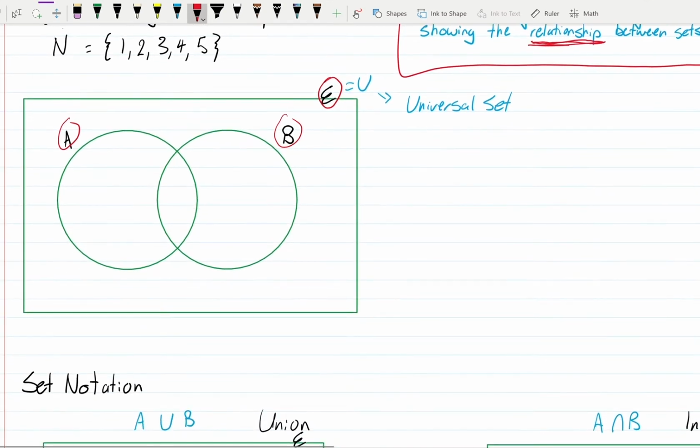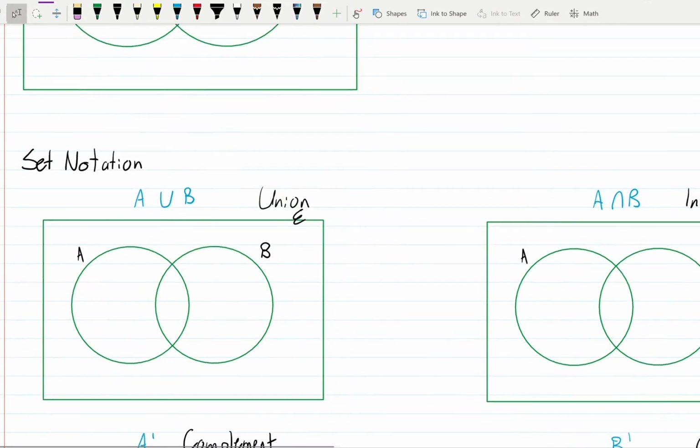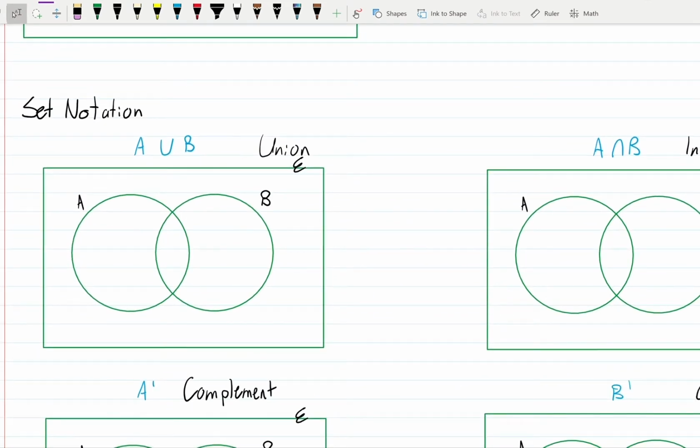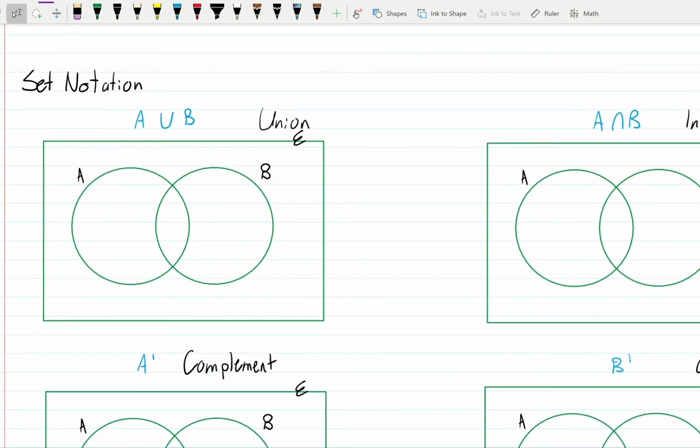If you've ever taken a class that covered Venn diagrams, you might have seen some of this set notation that we talk about. So in this first example here, we have A, and then we have a funny looking character that kind of looks like a U, and then we have B. This character, we can read as union.